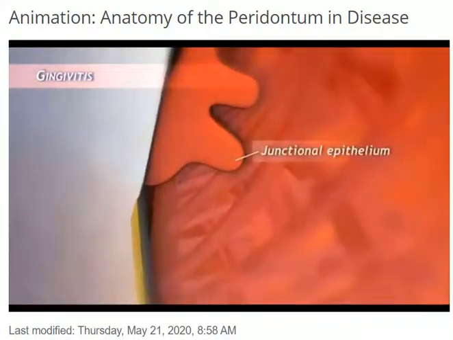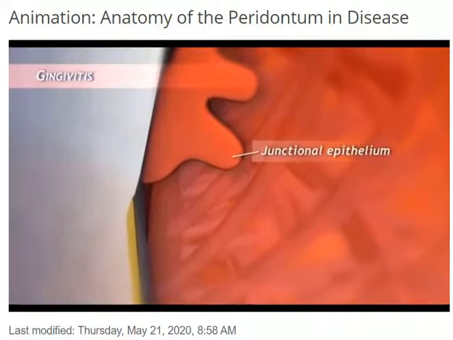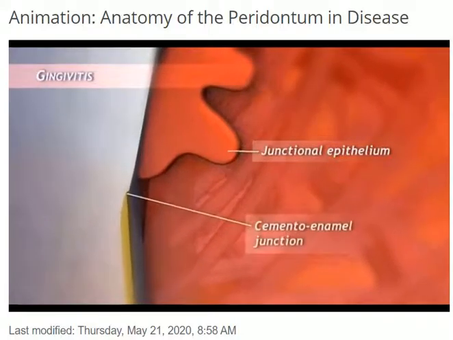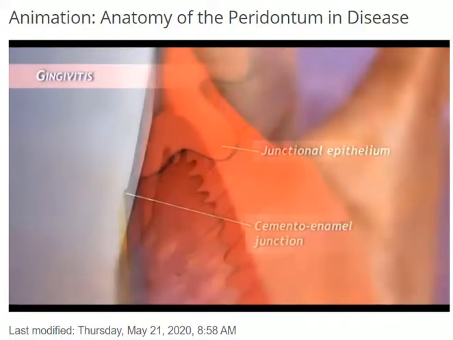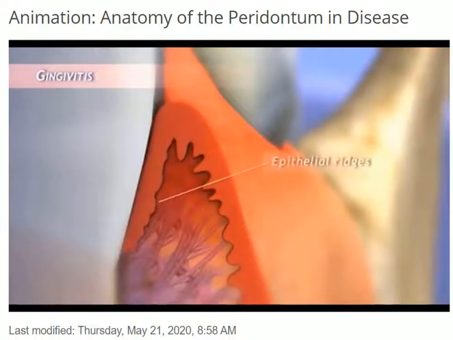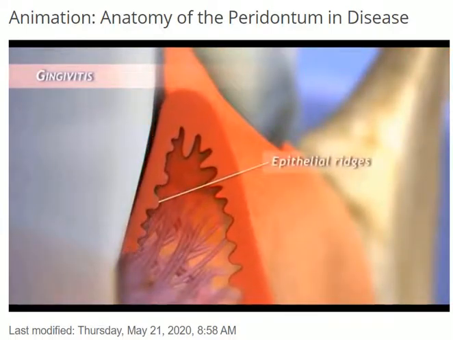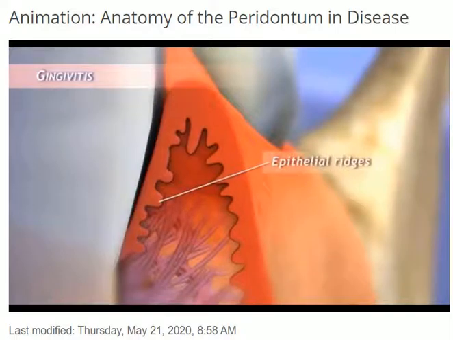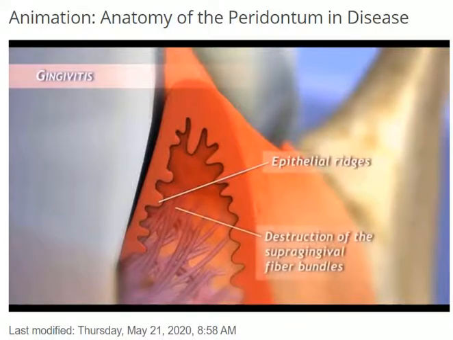Microscopically, the junctional epithelium remains in its normal position, coronal to the cemento-enamel junction. The junctional epithelium extends epithelial ridges down into the connective tissue. Such extension of the epithelial ridges can occur only because destruction of the gingival fibers creates space for the growing epithelium.